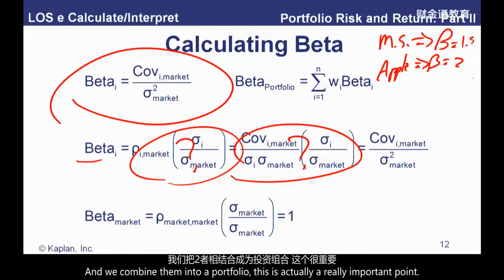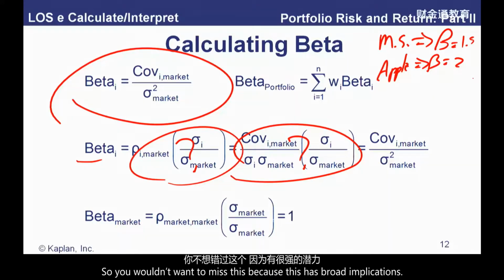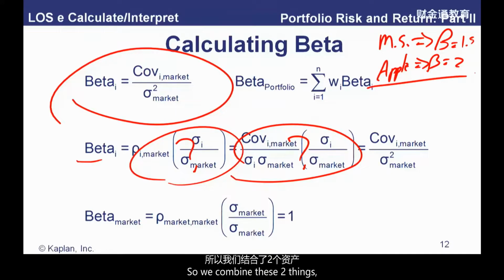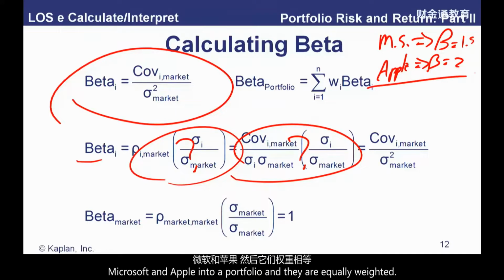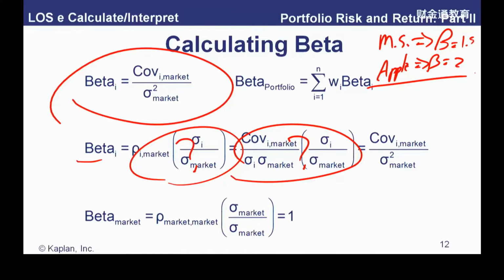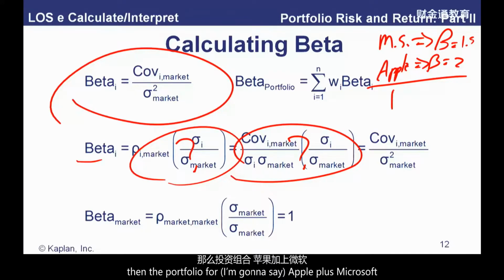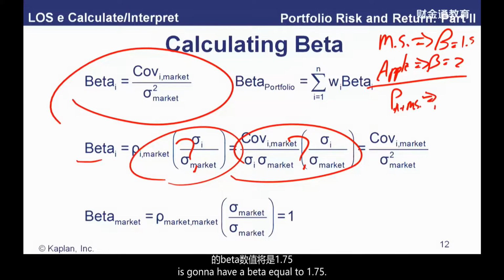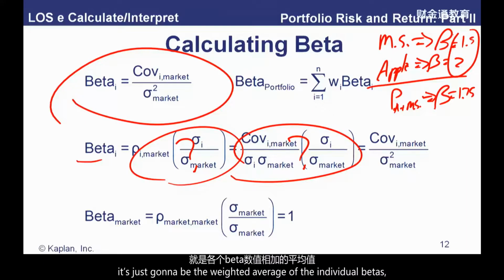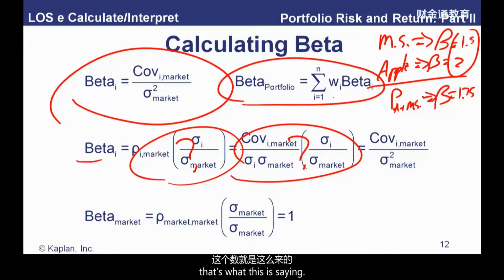This is actually a really important point, so you wouldn't want to miss this because it has broad implications. We combine these two, Microsoft and Apple, into a portfolio, and they're equally weighted. Well, if we do that, then the portfolio, Apple plus Microsoft, is going to have a beta equal to 1.75. In other words, it's just going to be the weighted average of the individual betas. That's what this is saying.